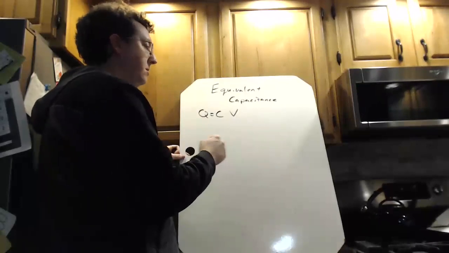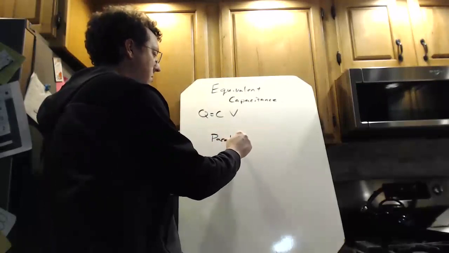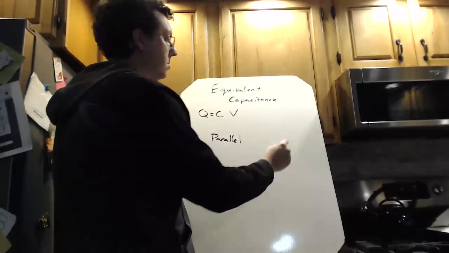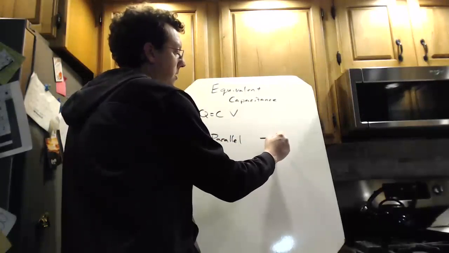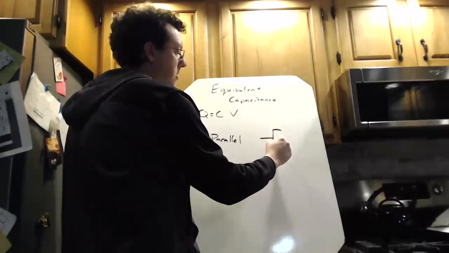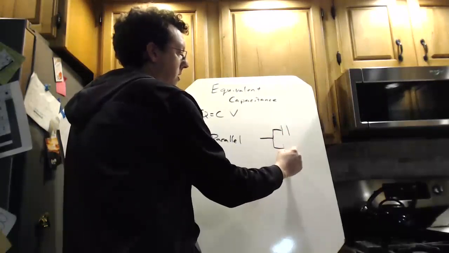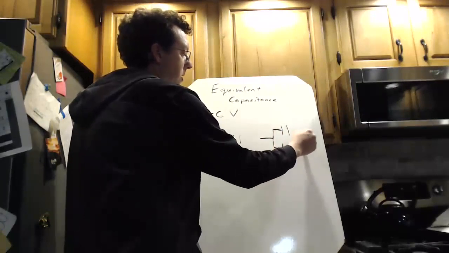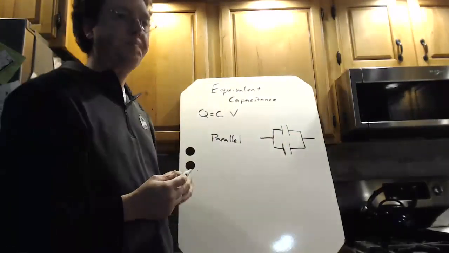So we're going to have capacitors in parallel and in series. Let's start with parallel. Capacitors in parallel would look something like this. You would have a wire going in, splitting, and then you have a capacitor, and then you would have a wire going out over to some other place.